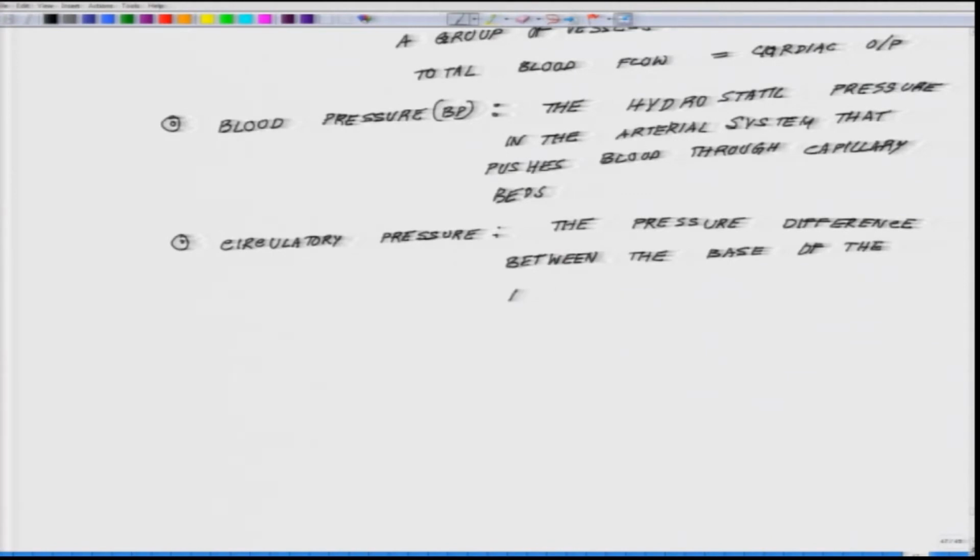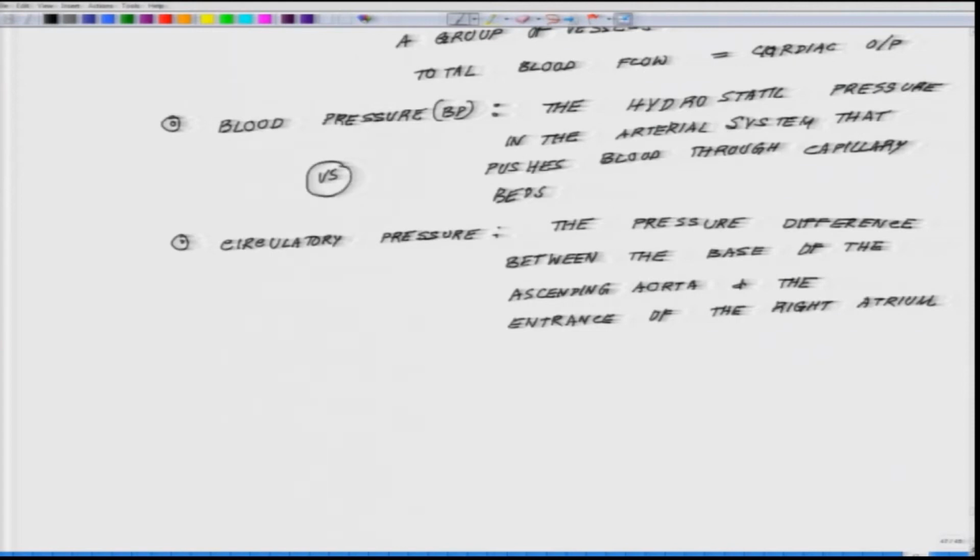This is called circulatory pressure. So, you should be able to distinguish between the blood pressure and the circulatory pressure.